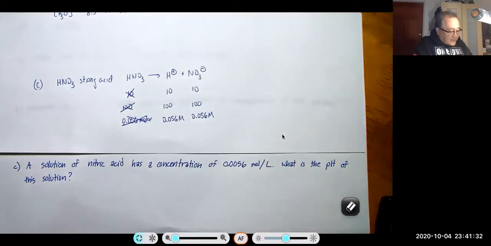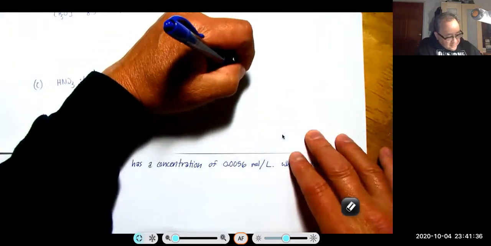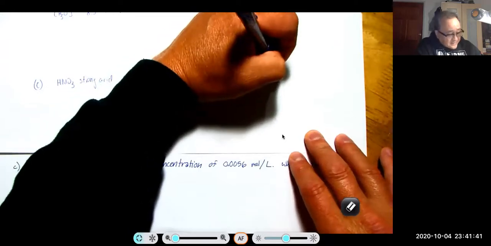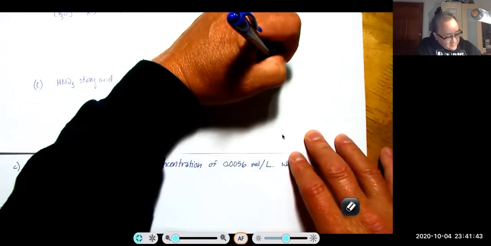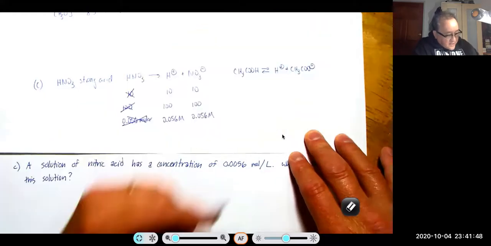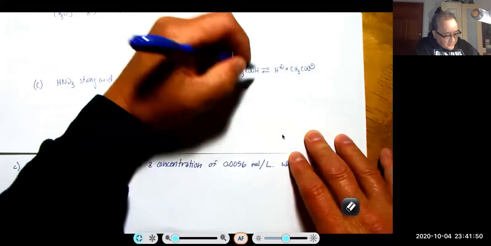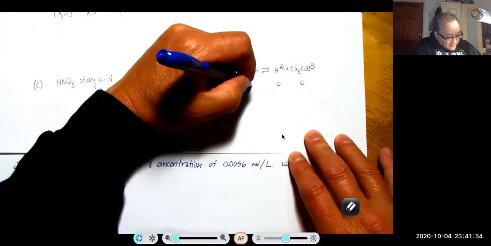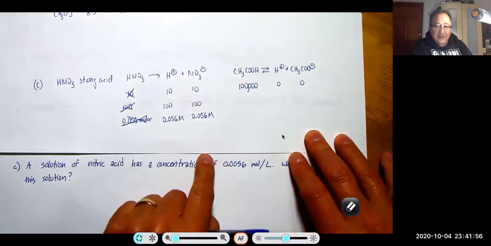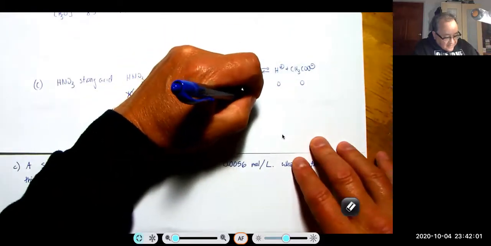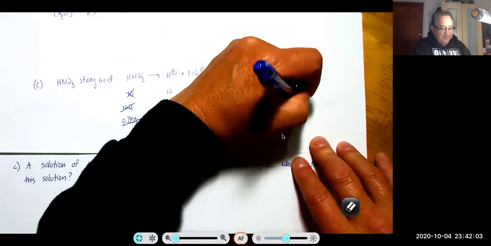If it were a weak acid, we wouldn't be able to do that, because if we had something like this, which ionizes incompletely, if we had 100 of these and we started off with 0 of each of these, and actually I'm going to start off with 100,000 of these, and we start off with 0 of each of these, when we reach equilibrium, we probably have 99,999 of these and 1 of these and 1 of these.